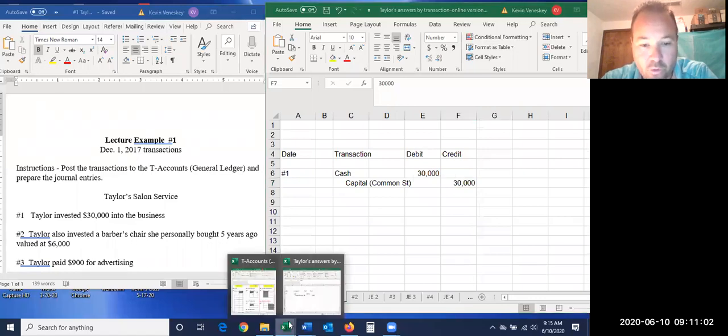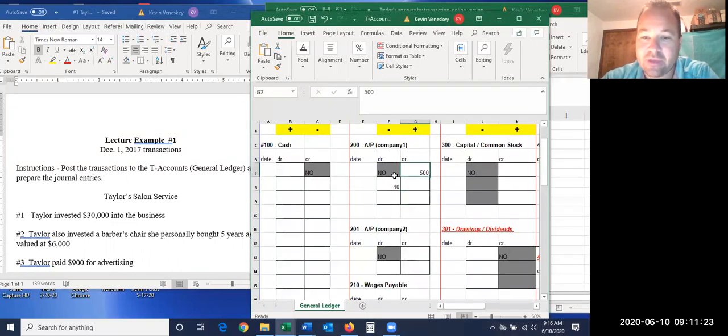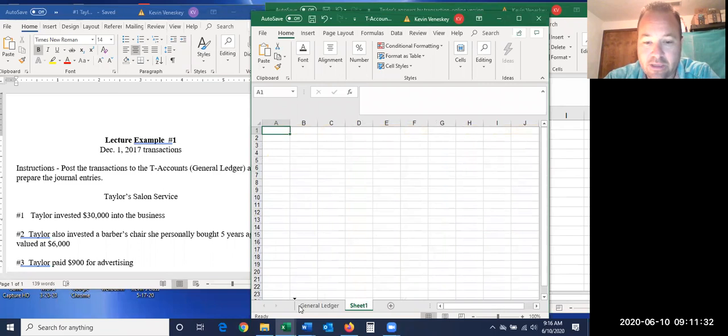To get the most out of this isn't just to sit back and listen. In accounting, you're going to find that for some that can work, but that's not typically the case. You actually need to get out a T account sheet like this, a blank one, and make a separate little sheet down here.